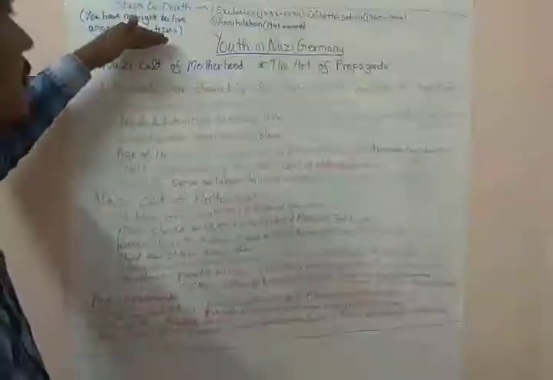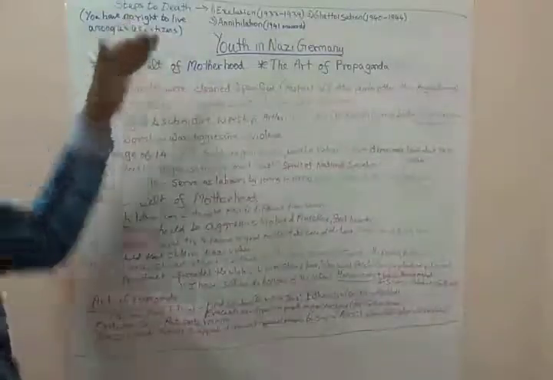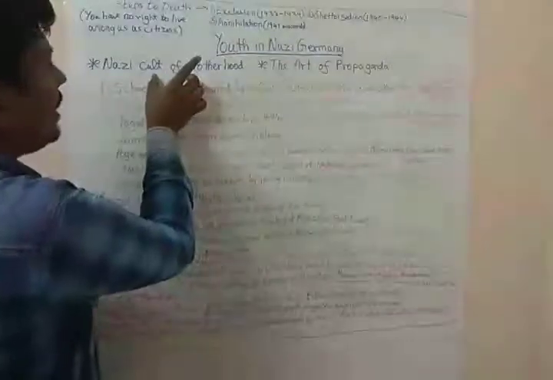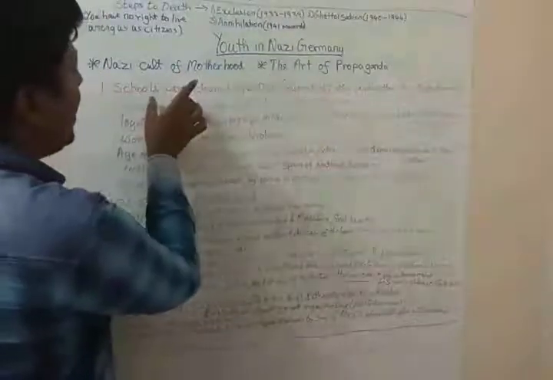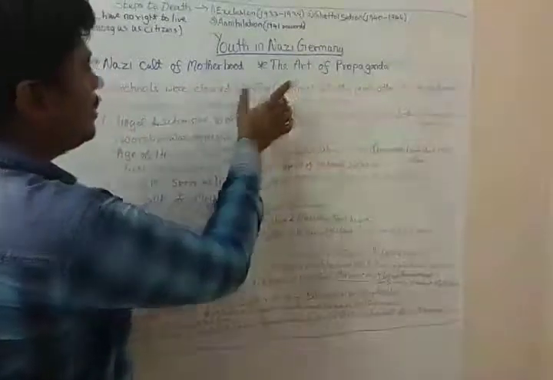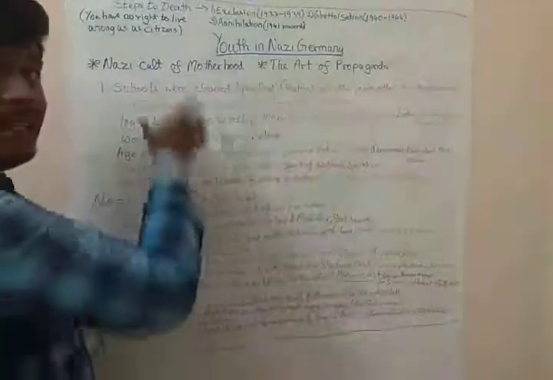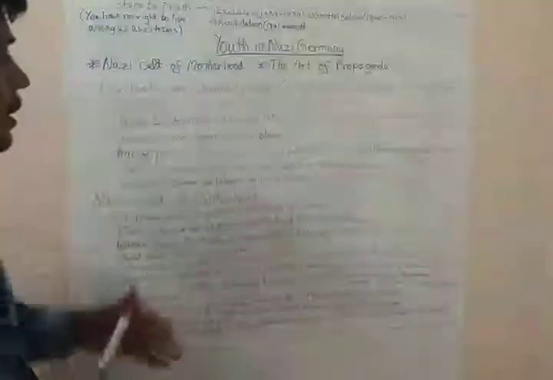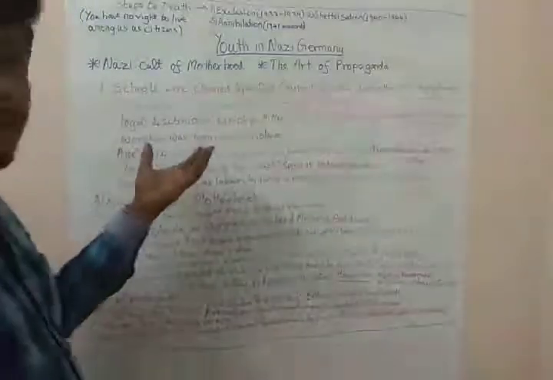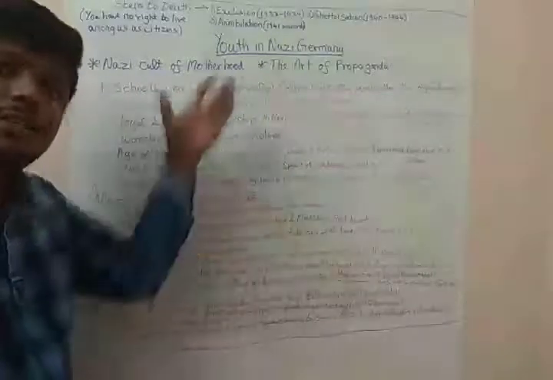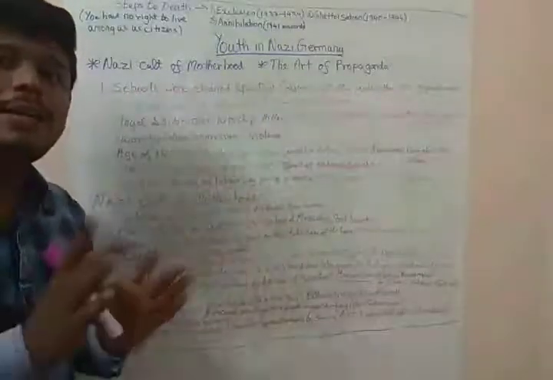From the birth of Hitler, in this year Hitler was born, and in the next year he joined the German Workers Party. After that, after the creation of the Nazi party, whatever happens, you have to prepare a timeline year-wise. That alone you have to do.